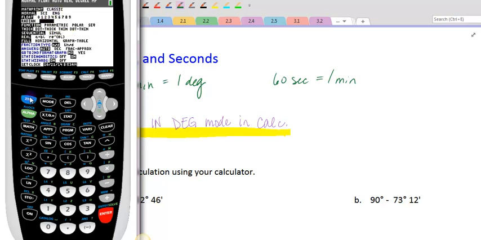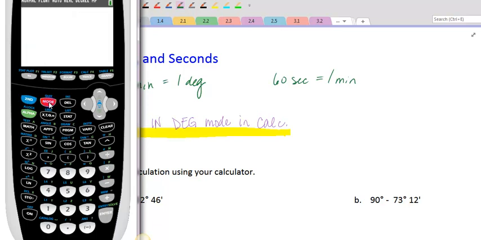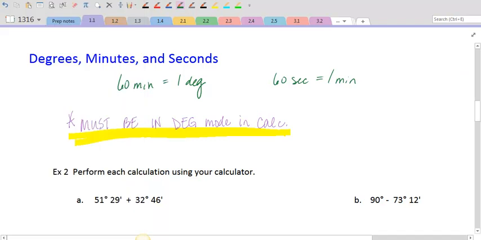So if I want to go back to the home screen, I'm going to hit second mode, which takes me back. Now, what we want to look at here is adding 51 degrees 29 minutes to 32 degrees 46 minutes. You would have to carry and do some addition that we just really don't want to worry about doing by hand, because we can do this in the calculator.